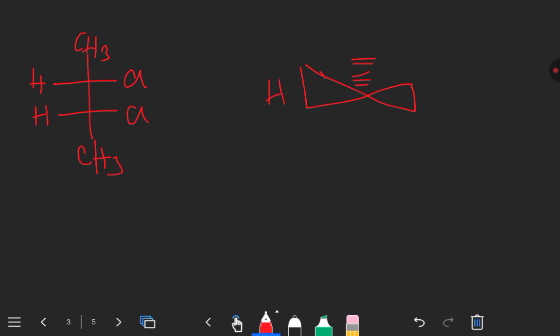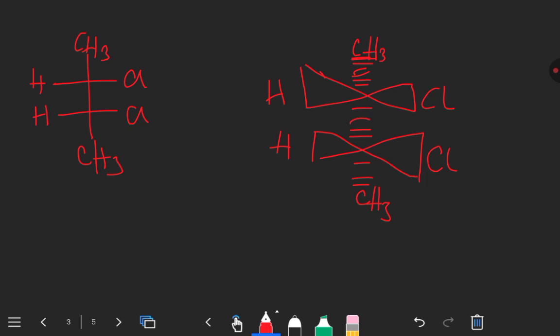So we have a hydrogen this side, we have a chlorine this side, then on top we have a methyl, CH3, then down here we have a methyl like that, we have a hydrogen, then we have a chlorine.